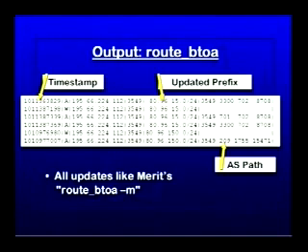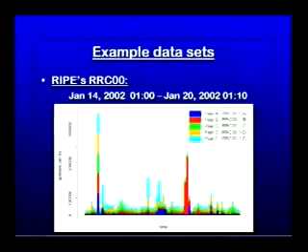So in this example, we have two updates here for 80.96.50/24 and the first two updates for 80.96.150/24. So let's look at the data where this example is derived from.